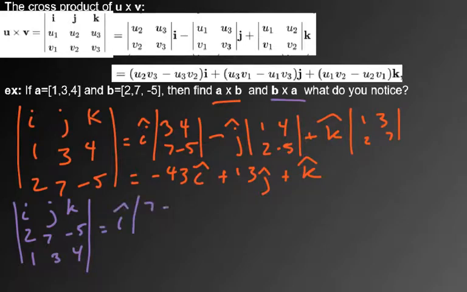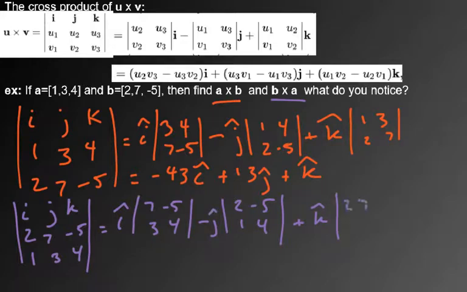You're going to get the determinant of 7, negative 5, 3, 4, and then minus j hat times the determinant of 2, negative 5, 1, 4, and then plus k hat times the determinant of 2, 7, 1, 3. I'll let you double check all of it, but if you do this multiplication minus this one, because of the double negative and stuff, you're actually going to get the positive 43.